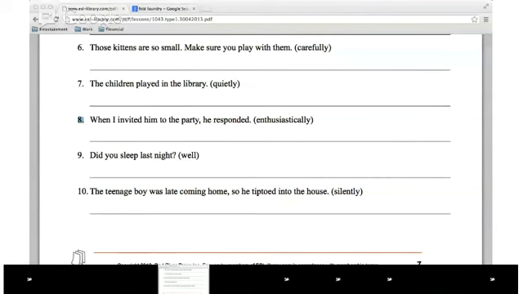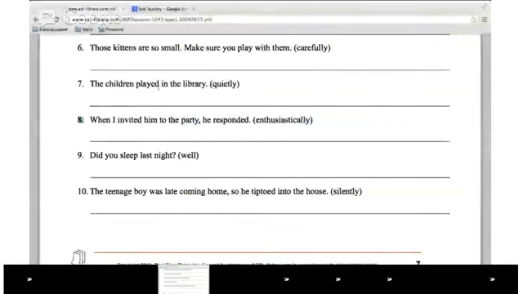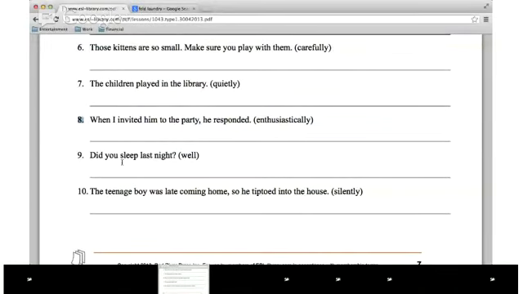8 is for Halwani. When I invited him to the party, he responded enthusiastically. Okay, good. So yes, it would go right after responded. Now, enthusiastically could only go after responded here, with this word.